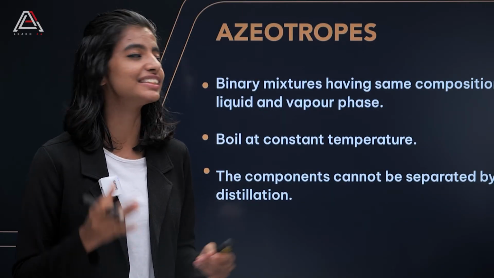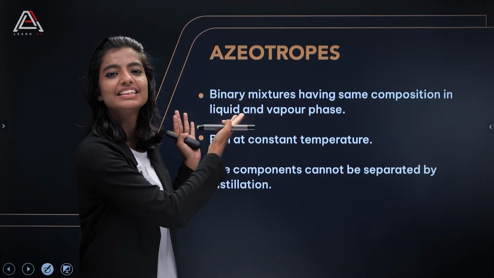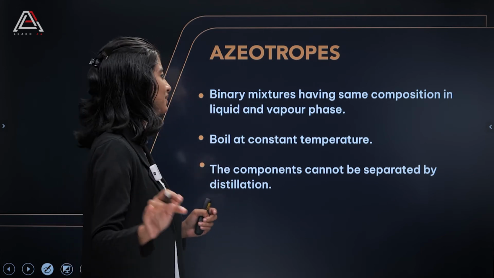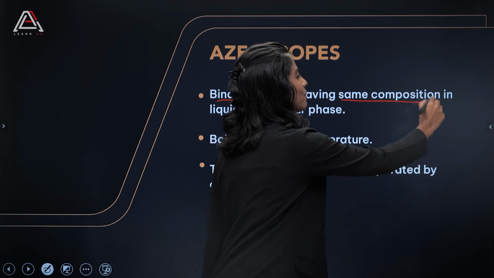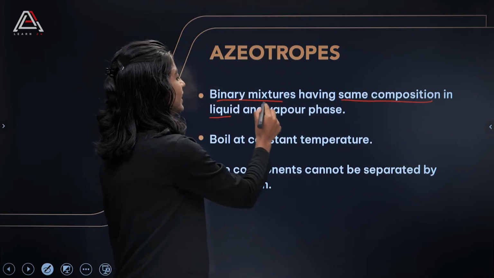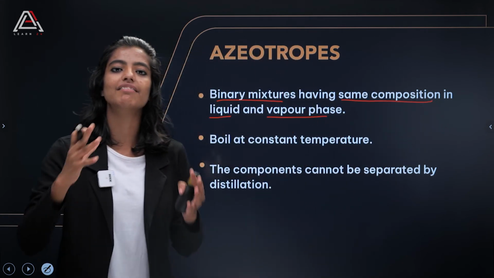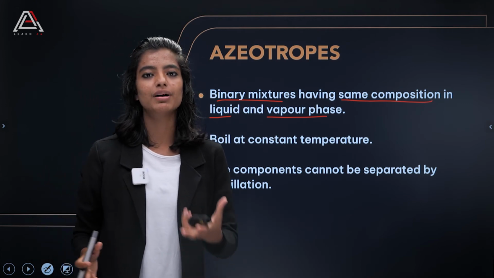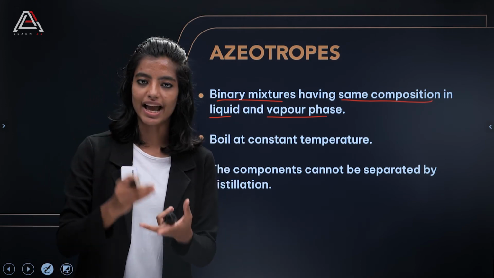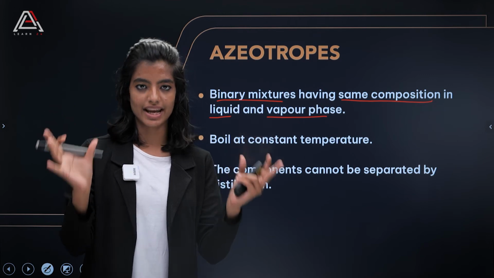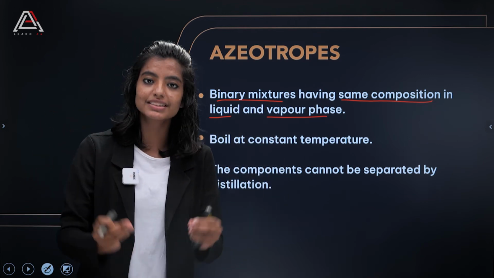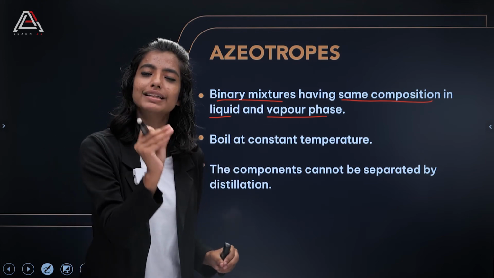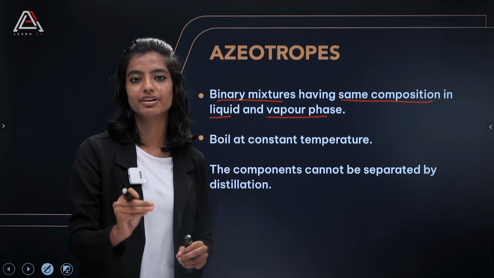Now let's discuss the new topic called azeotropes. Azeotropes are binary mixtures having the same composition in liquid and vapor phase. For example, I have to make a solution. For that, I mix component A and component B, in a specific ratio, and I get a solution.